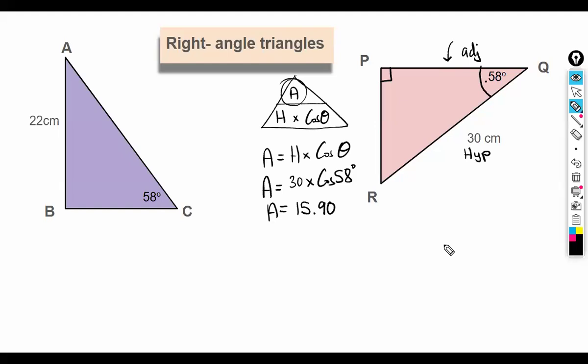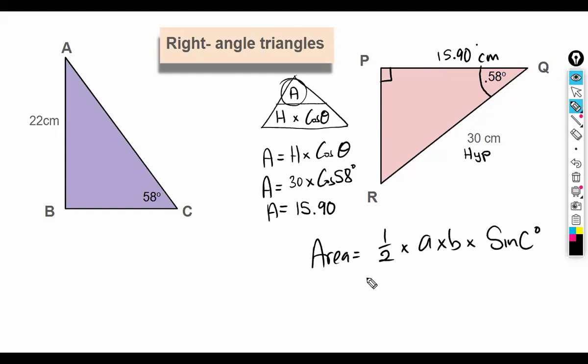If you round it off properly to two decimal places, I'm getting 15.90, because you have to add 1 to the 9 and then you get 10. So the adjacent side is 15.90 centimeters. Now we have two sides and the angle in between.